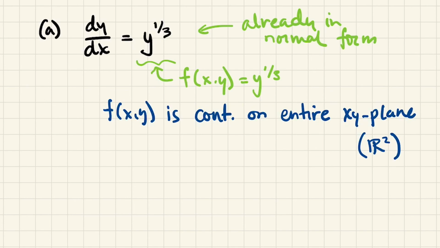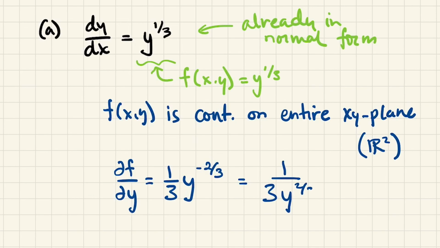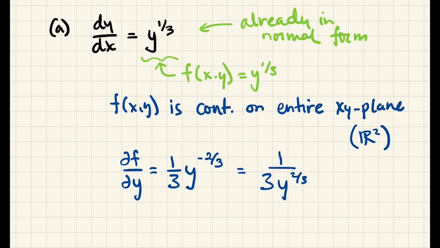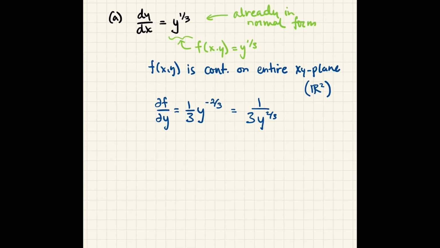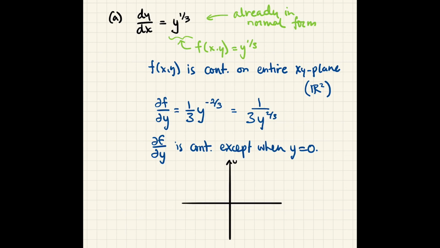But what about the first partial of f with respect to y? So 1/3 y to the negative 2/3. So we could write that as, say, 1/3 y to the 2/3 in the denominator. And we can see everything's fine there, except when y is equal to 0. So visually, what would that look like? That would be everywhere except where y is equal to 0.